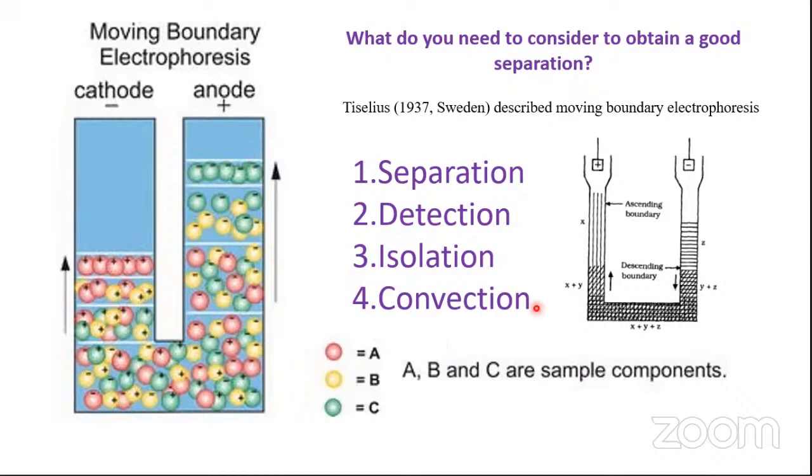And the last point that we focused on in the last class was related to convection currents. I'm not again going to describe how convection currents are set up, but basically when there is heat generation, the solvent molecules also get energized and they are set into motion. All the solvent molecules are uncharged, right?